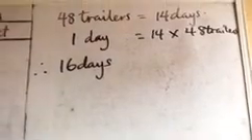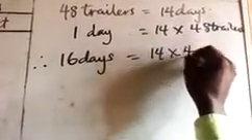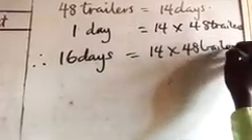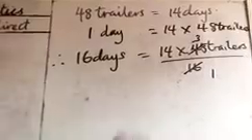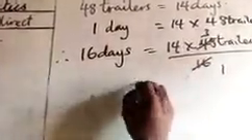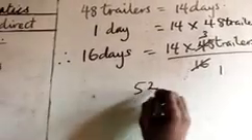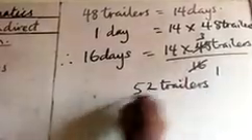So in 16 days, that will be 14 times 48 trailers divided by 16. 16 here will give us 1, 16 here will give us 3. So 3 times 14, 3 times 4 is 12, 3 times 1 is 3 plus 1, that's 52 trailers. So 16 days equals 52 trailers.